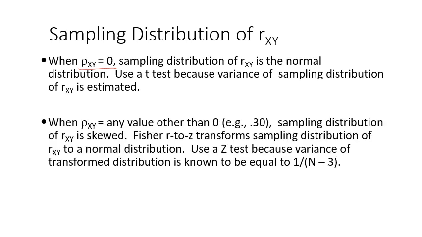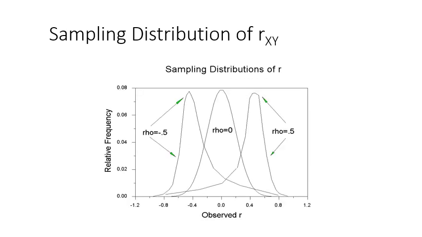However, if our correlation is any value other than 0, anything between -1 and +1 that isn't 0, the distribution is skewed, and because the distribution is skewed, what we do is what's called a Fisher R to Z transformation. Okay, the slide skipped ahead, and I'm not going to go back to it.